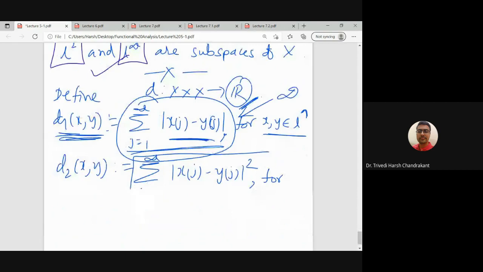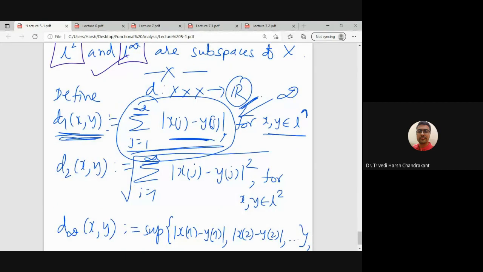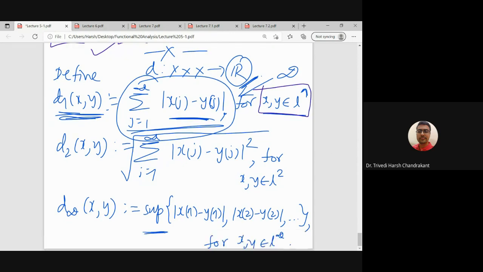After that, we discussed the distance function. If we have L1, L2, or L infinity, we can define a distance function. Here we are defining the distance function for two elements of L1. That is this function. And if we take x, y belonging to L2, then we will consider the second function d2, which is a metric on L2.